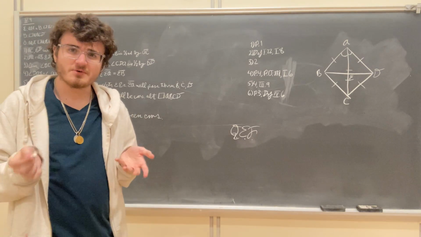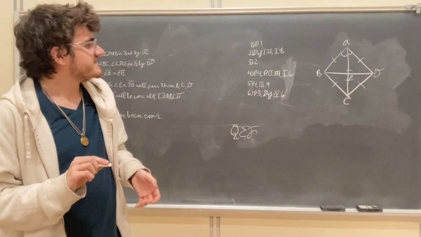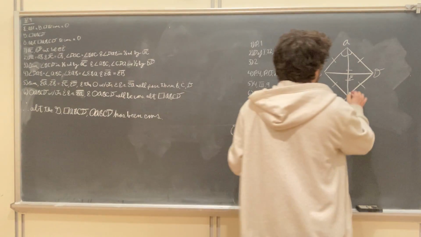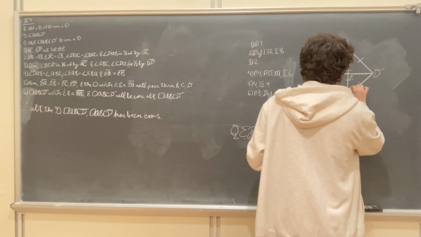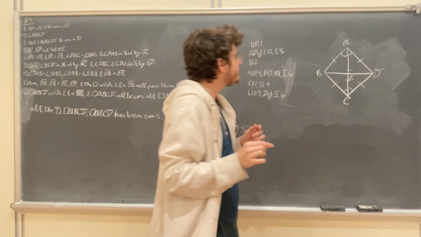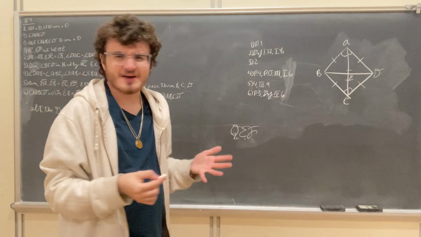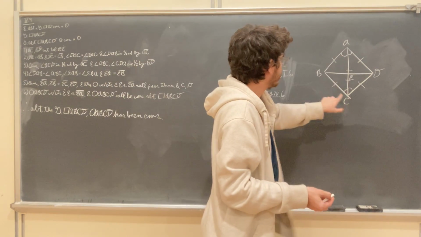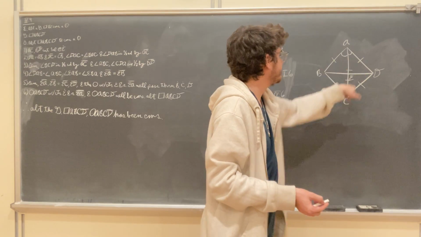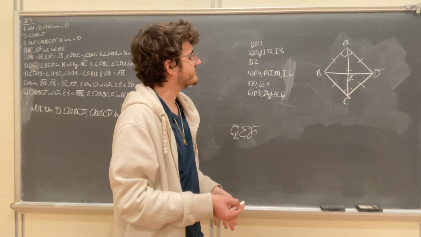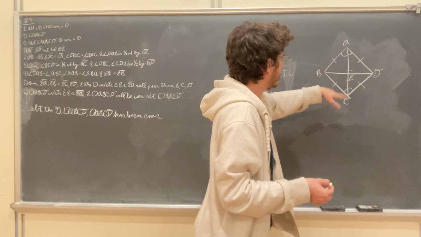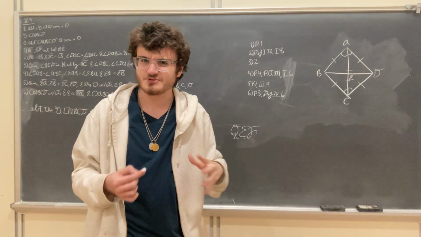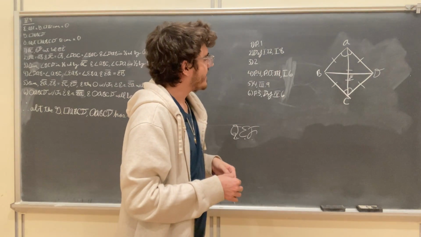Now we can prove in a similar manner that AC also bisects this angle down here, BCD. In fact, we can just go directly off of our previous step, because the angles BCA and DCA are in the triangles ABC and ADC, so we don't have to work with any new triangles.